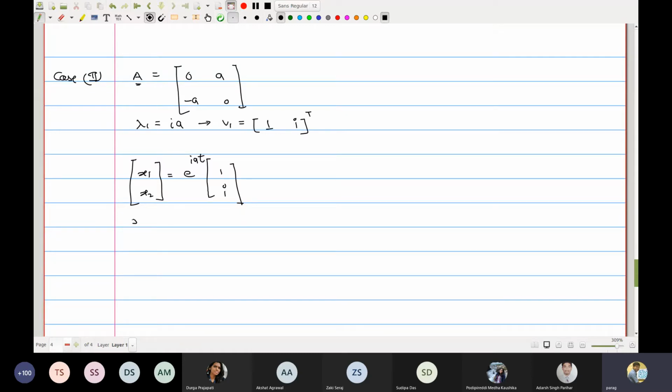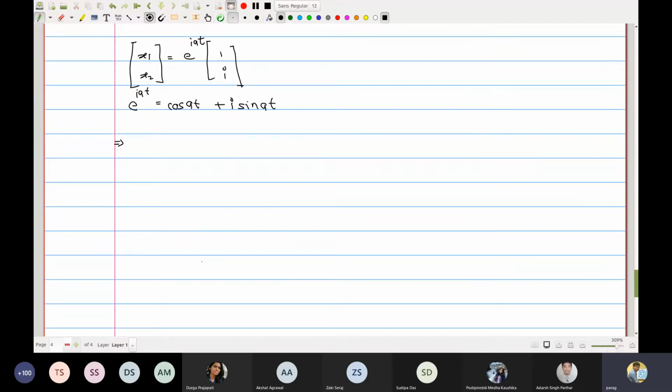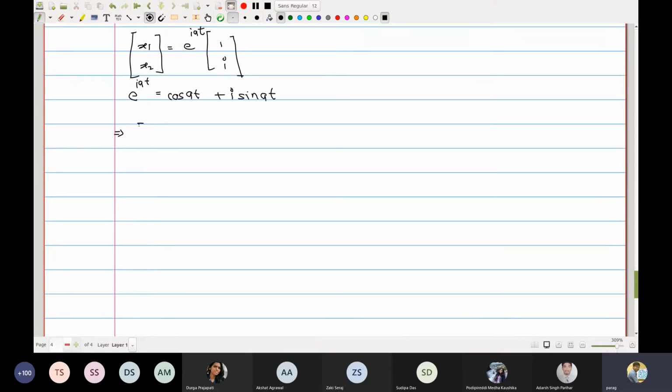So I will make use of the fact that e to the power iat is cos at plus i sin at, from where I will get this solution as x1, x2 equals cos at plus i sin at, and this will become minus sin at plus i cos at.